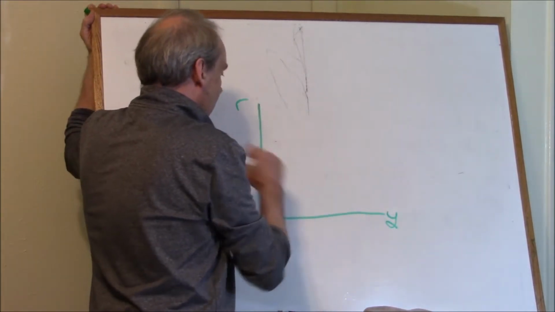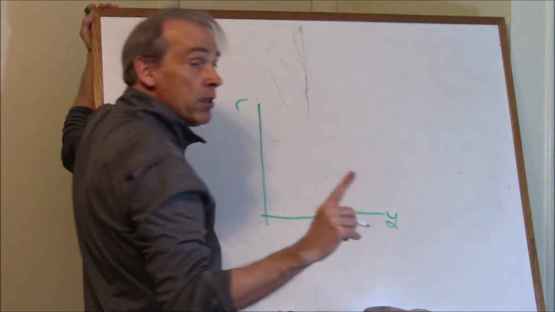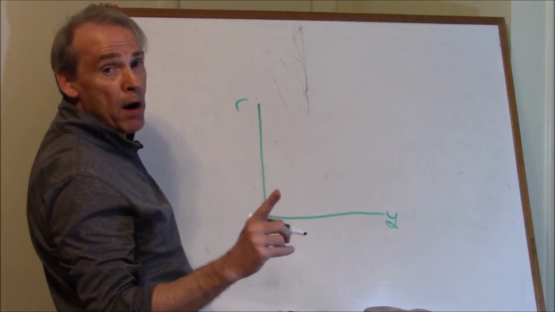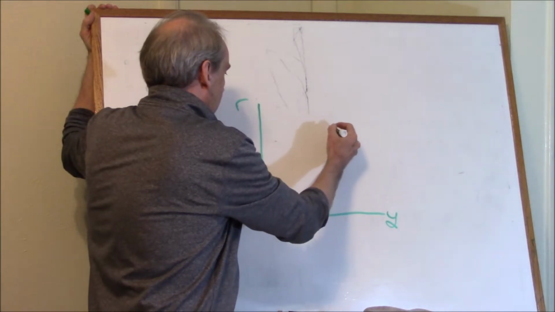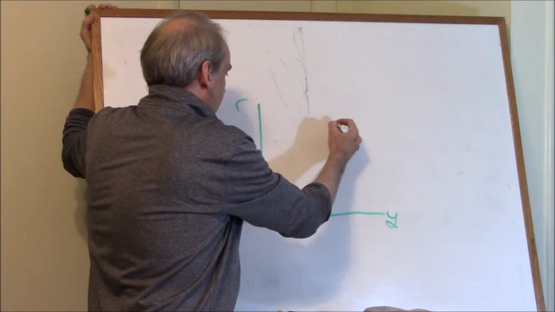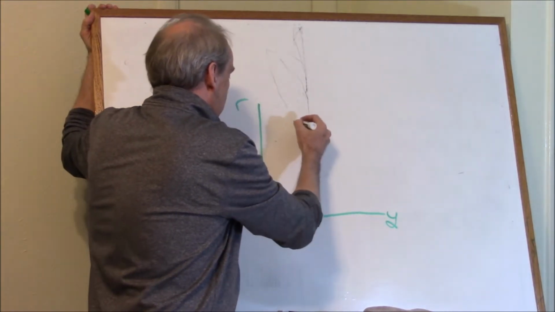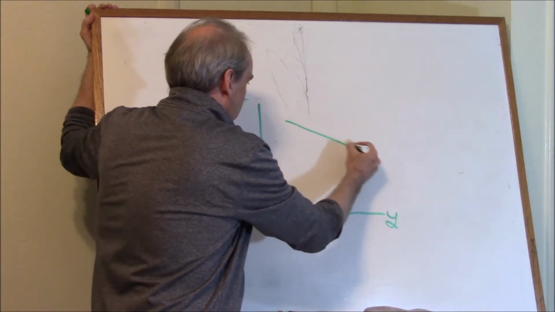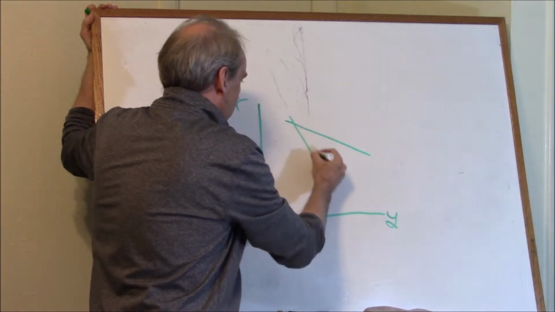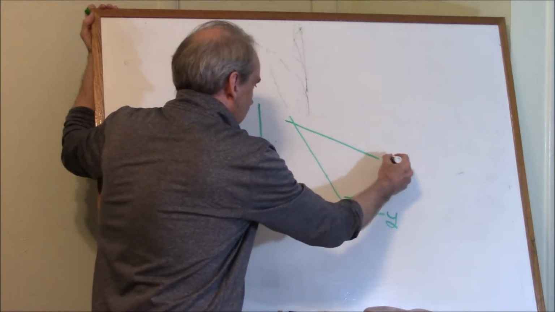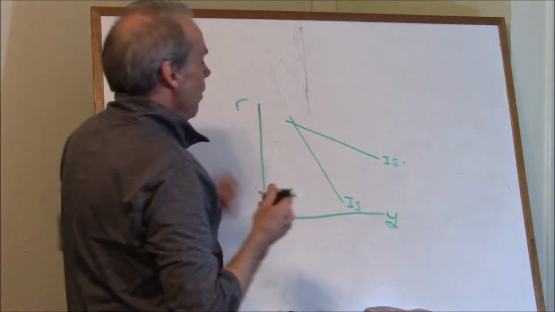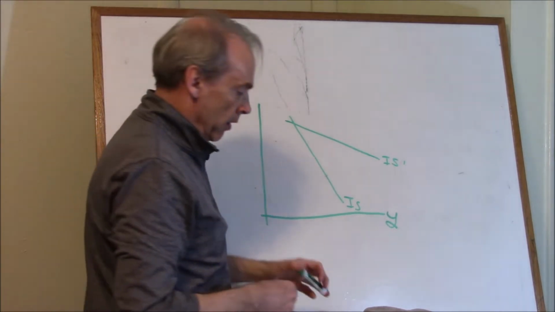All right. Let's say we are considering using monetary policy, which means shifting the LM curve. And let me do it this way. There are 2 possible IS curves, all right?